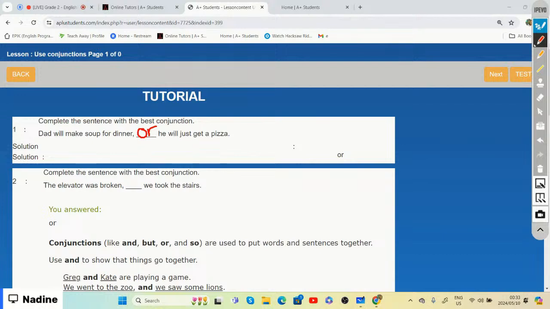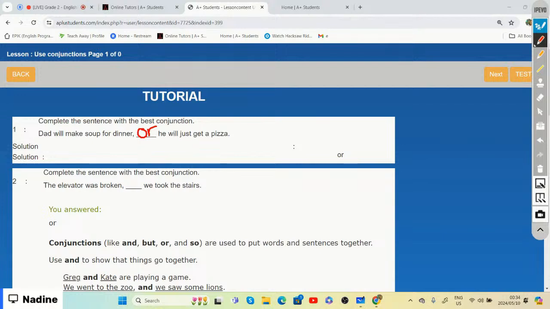What is the correct conjunction? Something happened, right? The elevator was broken. This is why we had to take the stairs. Something happened because of something else.